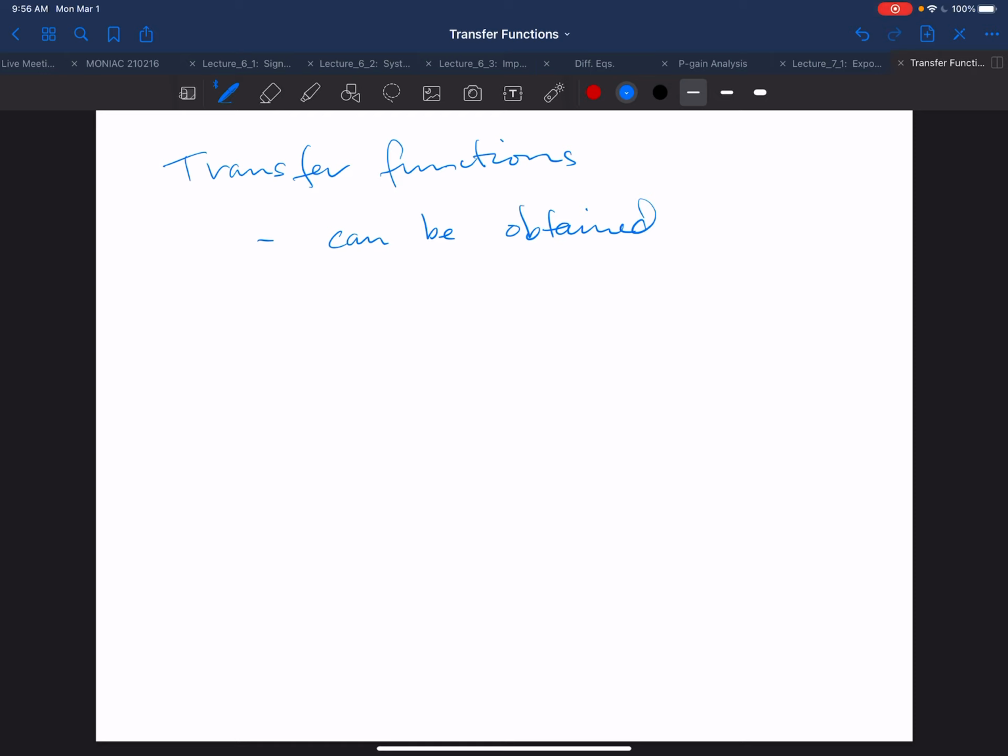But typically when we're modeling systems, we'll come up with a differential equation. And from that differential equation, we can directly obtain the transfer function.